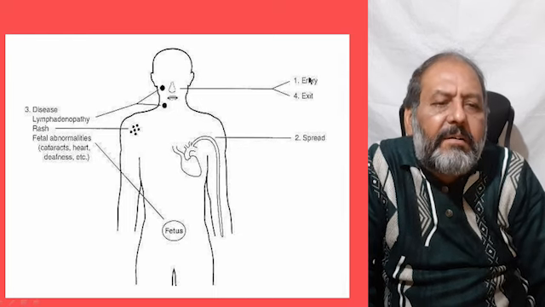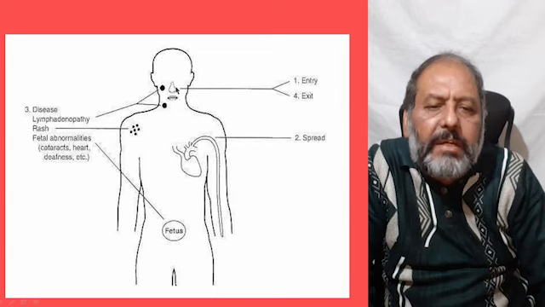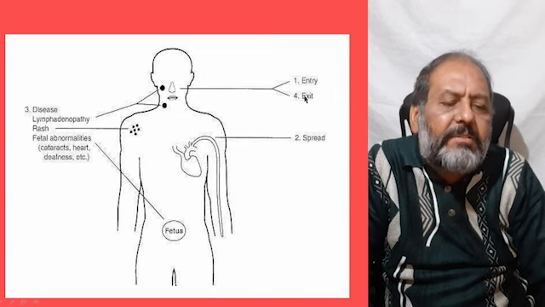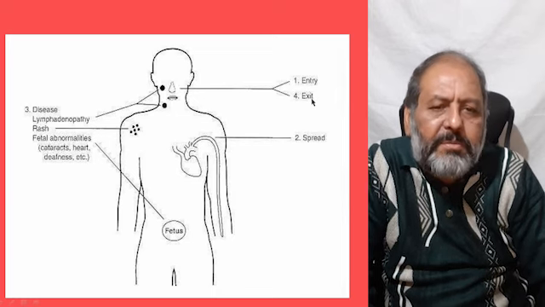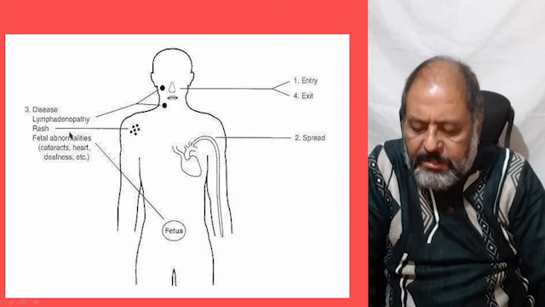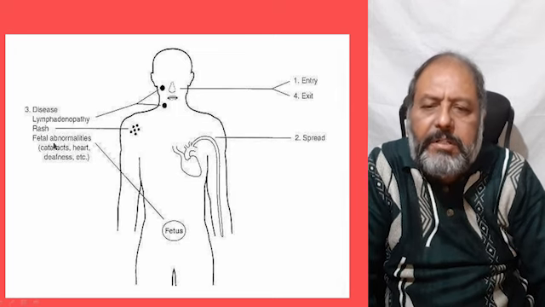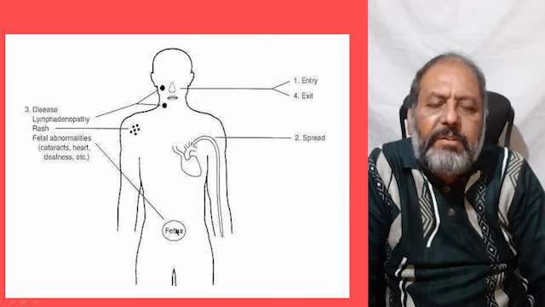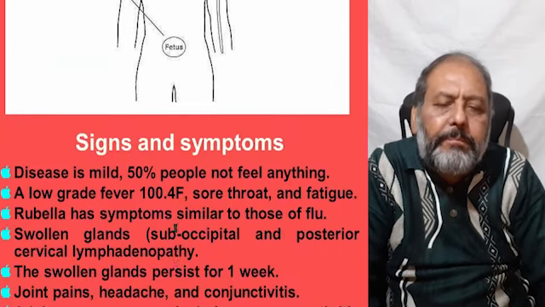So the entry of the virus is through the respiratory passage, and the exit is also from the respiratory passage, getting into the blood and reaching different organs of the body, causing the infection. Even the fetus is involved.